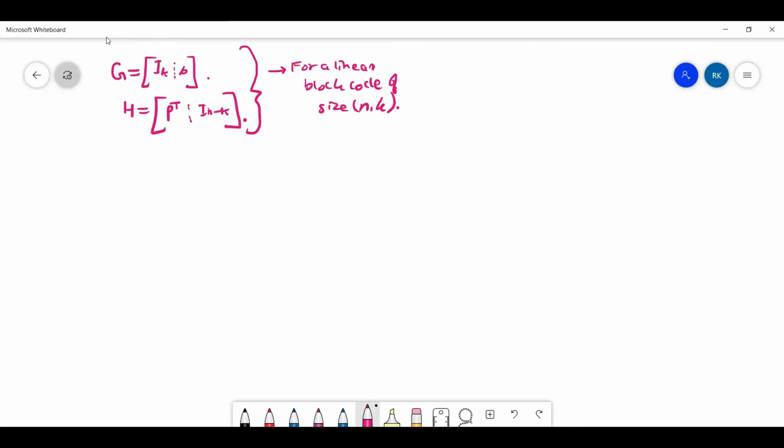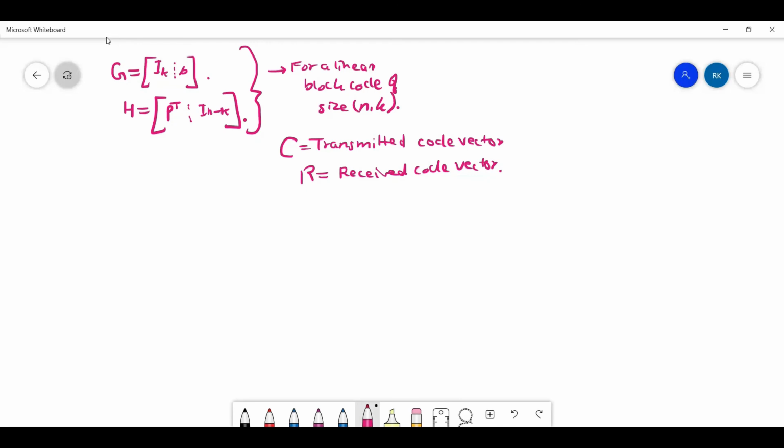Now let the transmitted code vector be C. Let R be the received code vector. Let us also assume that this is a noisy communication system. So the vector R is the sum of the transmitted code vector and an error vector.